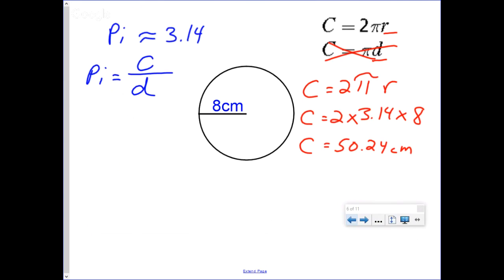In this case, the circumference was 50.24. And if we divide that by the diameter, which for this circle would be 16 if we doubled that radius, that's going to be equal to 3.14. Pi is always equal to the circumference divided by the diameter.